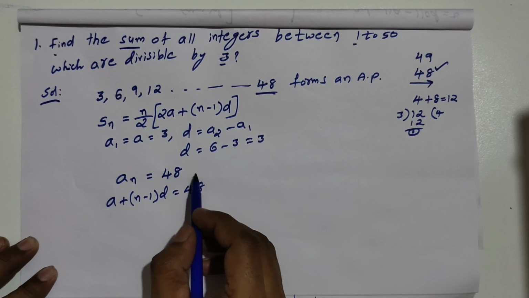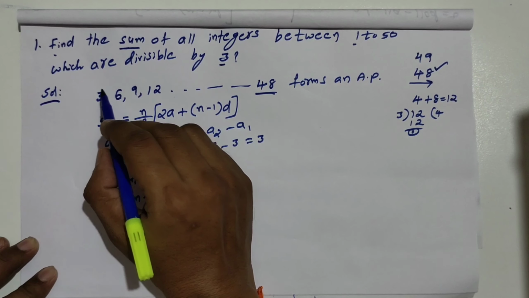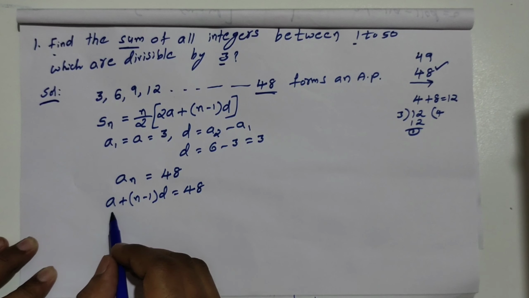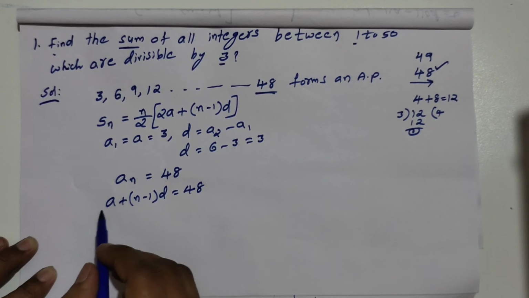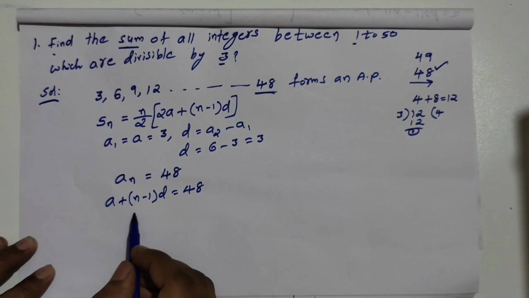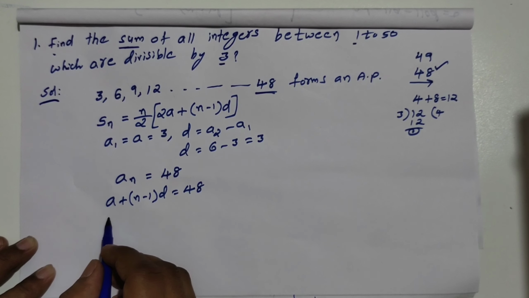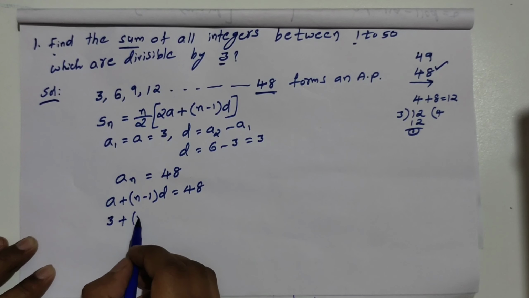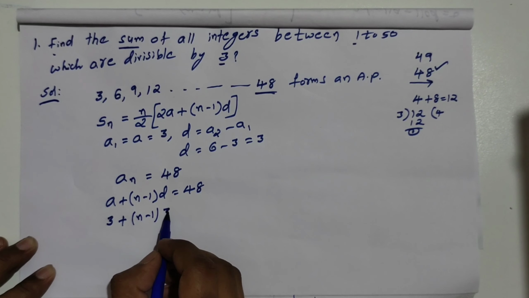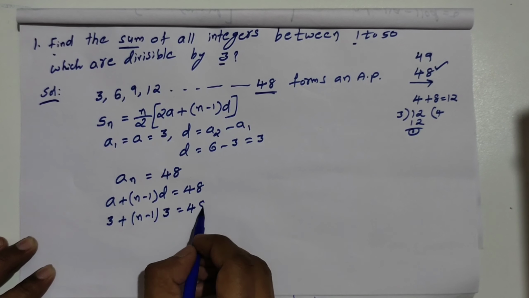In that finite one, the first term is 3 and the last one is 48, which is generally taken as the nth term. So substitute a value 3 plus n minus 1 into d, and d is also 3, equal to 48.